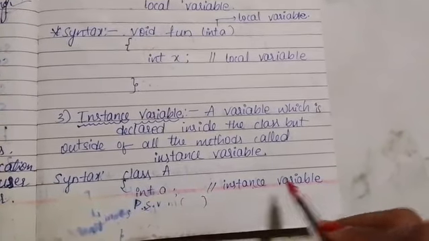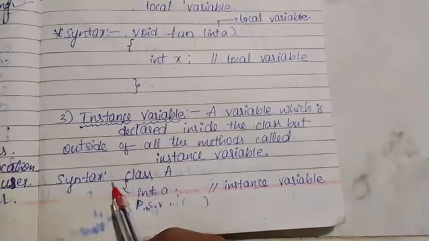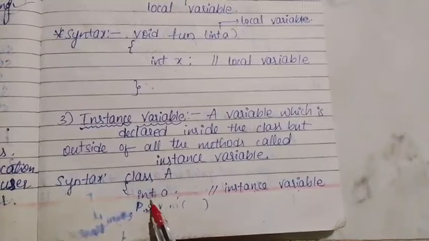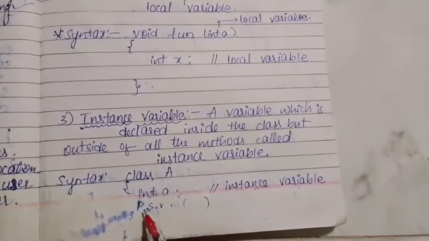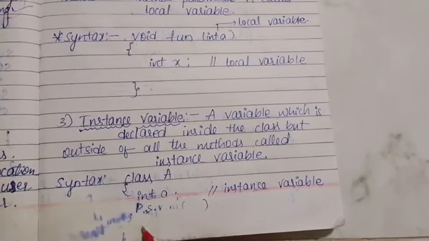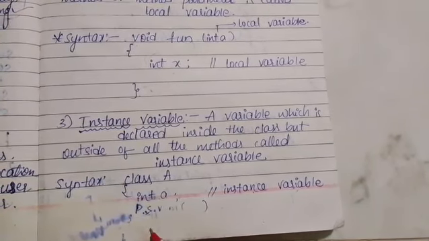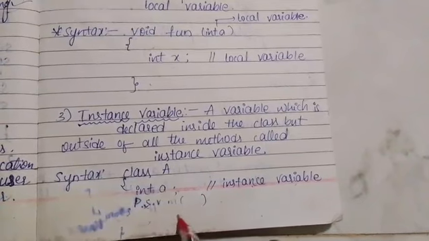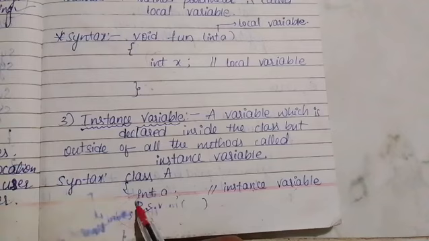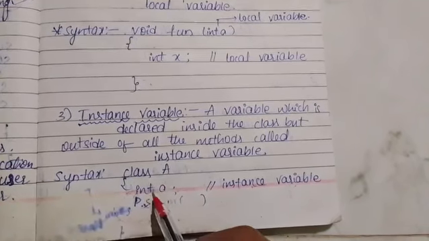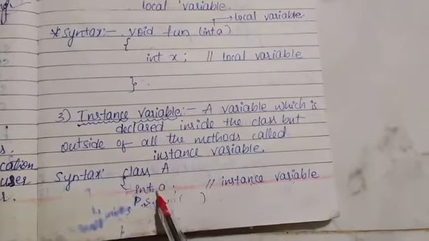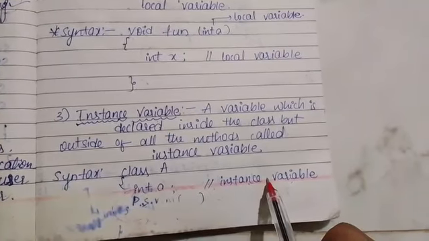For example, the syntax here is class A, this is the class, inside the class there is int A, and public static void main string arguments. Inside the methods we didn't declare any variables. We have declared it outside the method and inside the class. That's why it is an instance variable.